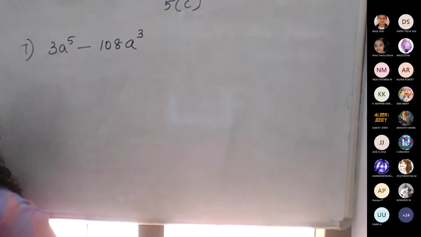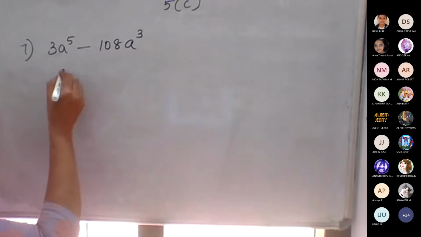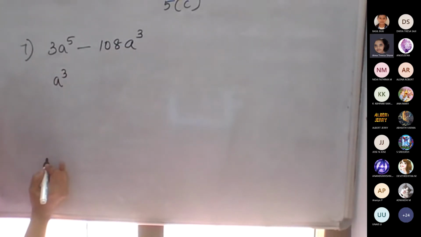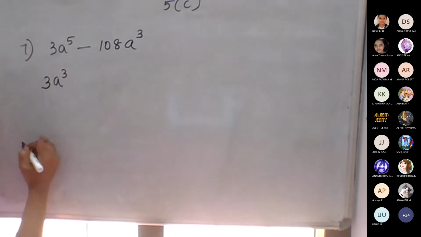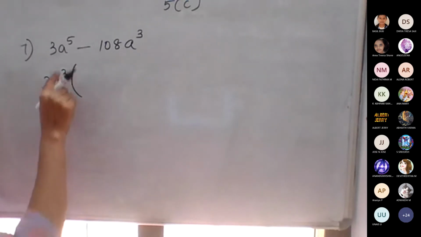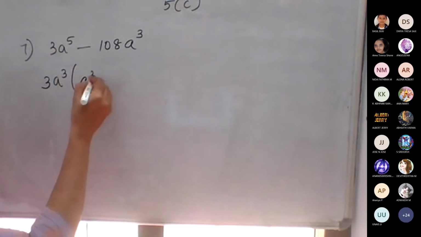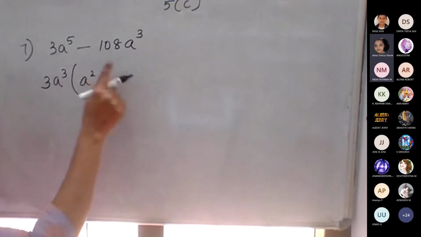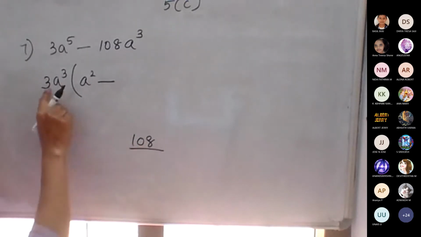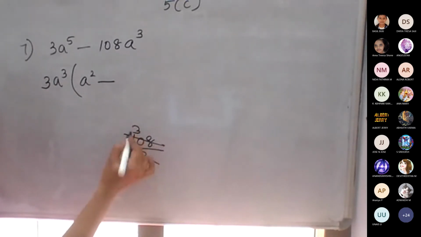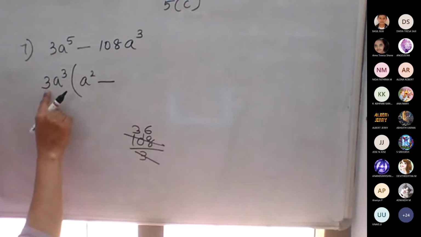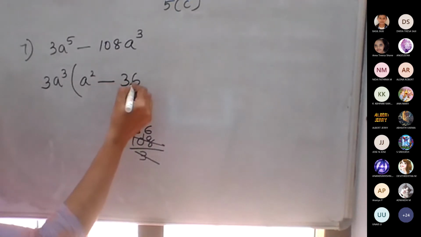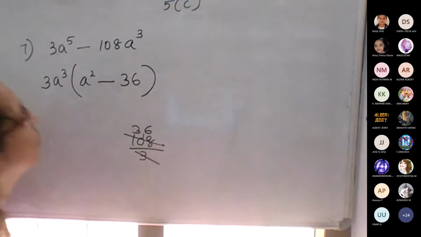We are taking 3a cube common. 3 also we can't do anything, so if we take 3a cube, the balance will be a square minus 108 divided by 3. 108 divided by 3 is 36. So 36 only. Already we took a cube.